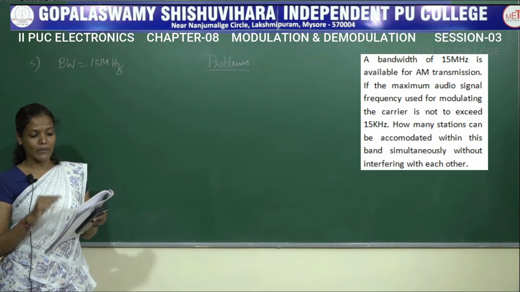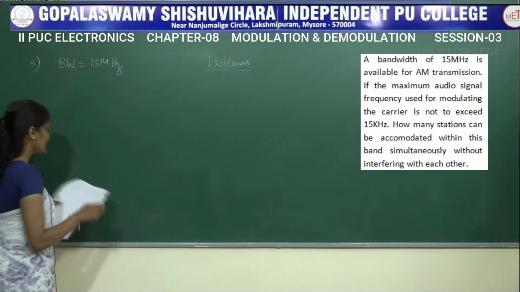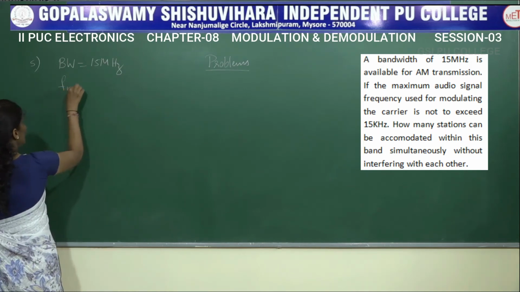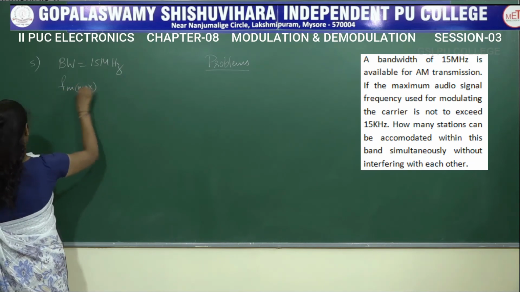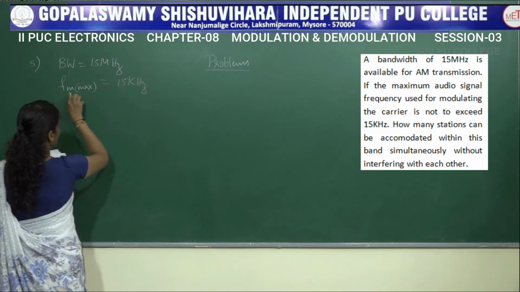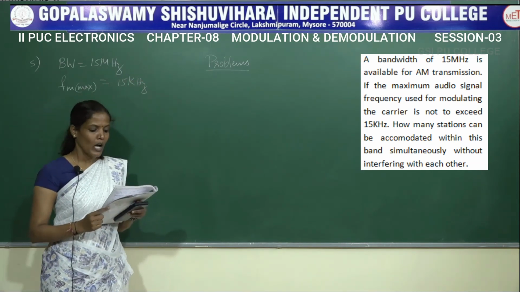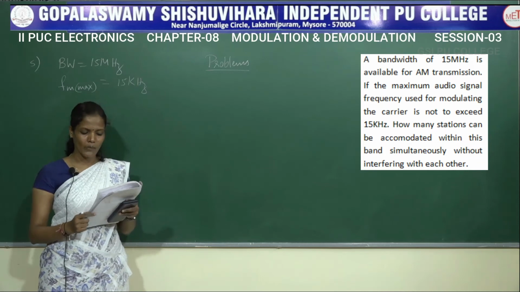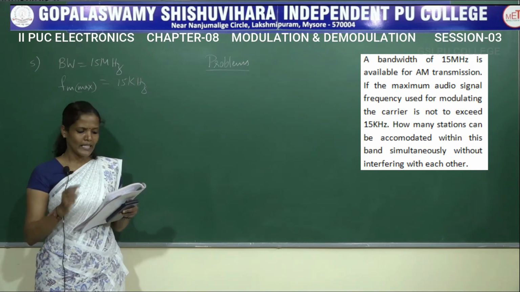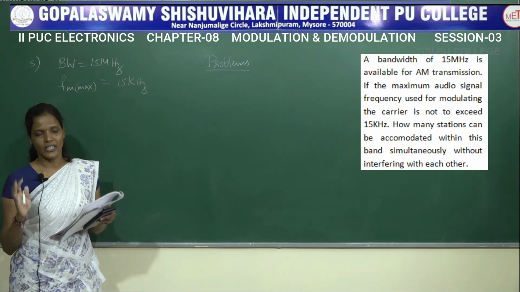If the maximum audio signal frequency is mentioned, it is FM, and its maximum value is given, which is equal to 15 kilohertz. So let us name that as FM max, which is equal to 15 kilohertz. How many stations can accommodate within this band simultaneously without interfering with each other?